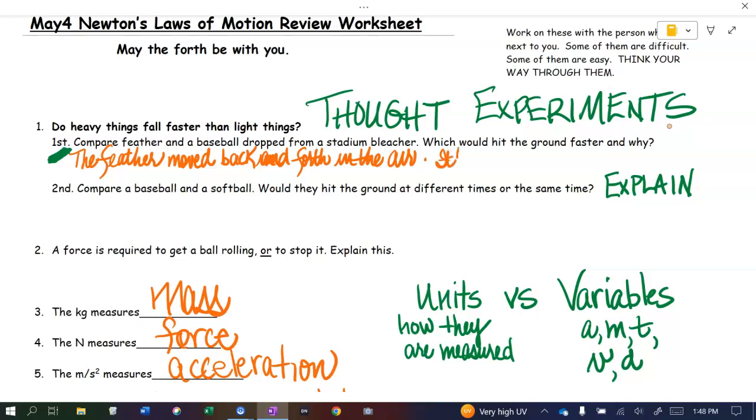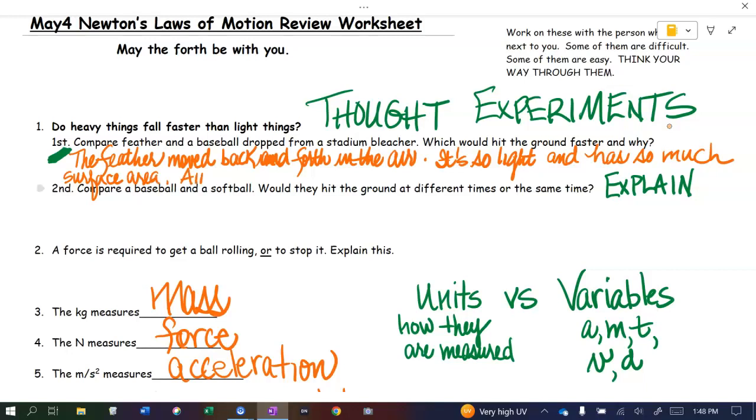It's so light, and has so much surface area, right?